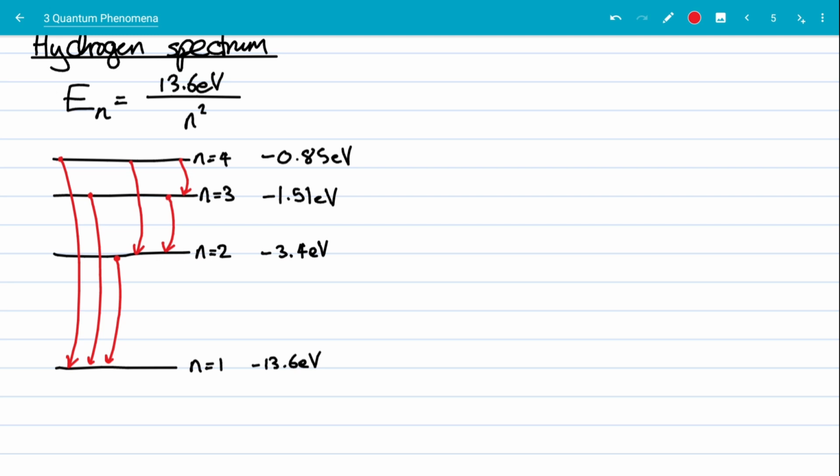And each of those 6 transitions corresponds to a particular wavelength of light. Let's just number them 1, 2, 3, 4, 5, and 6. And let's do some calculations. I'm not going to do it for all of them, but we'll start with 1.